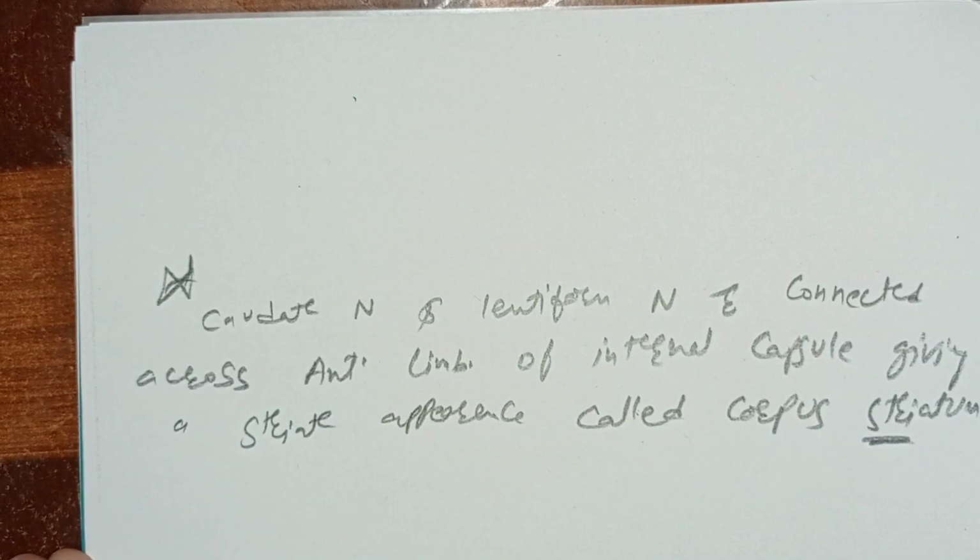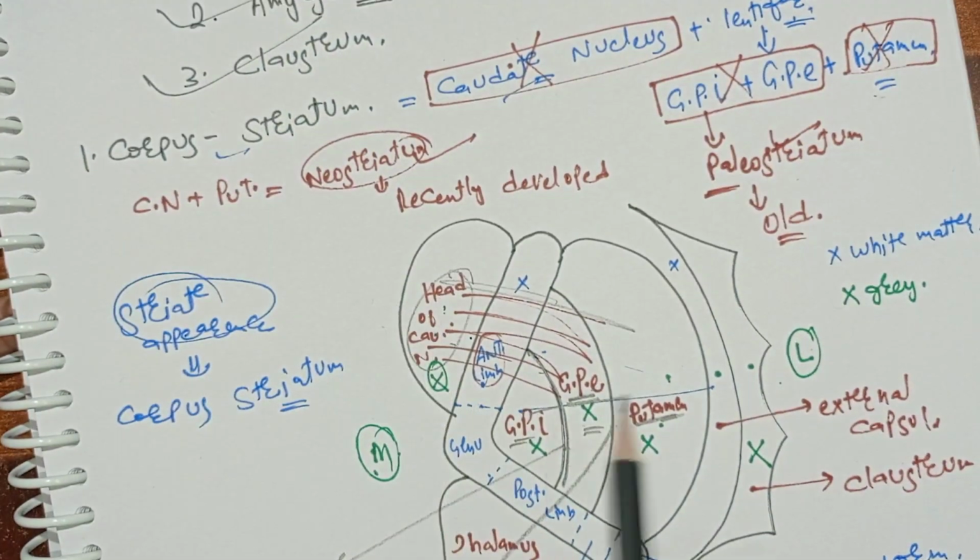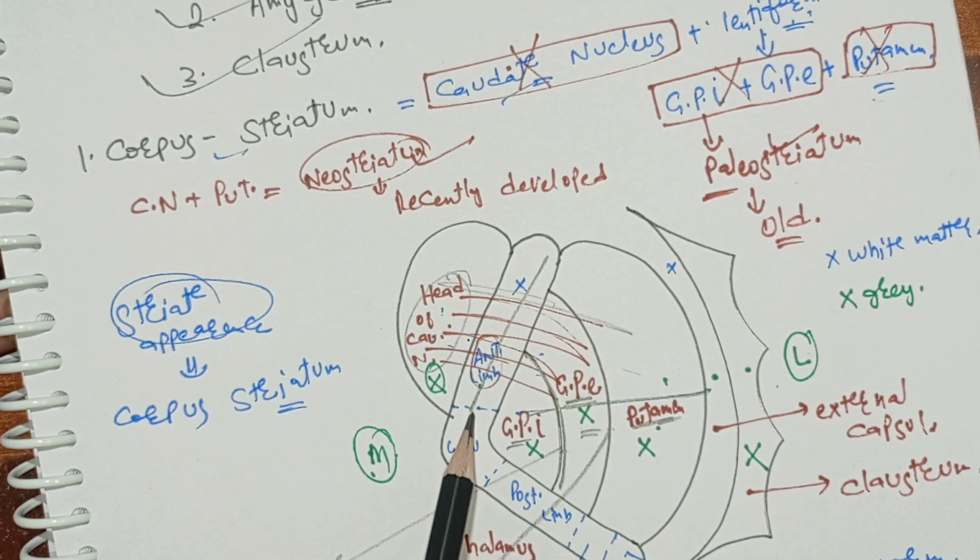What is this statement? These are the fibers joining the caudate nucleus and lentiform nucleus across the anterior limb of the internal capsule.